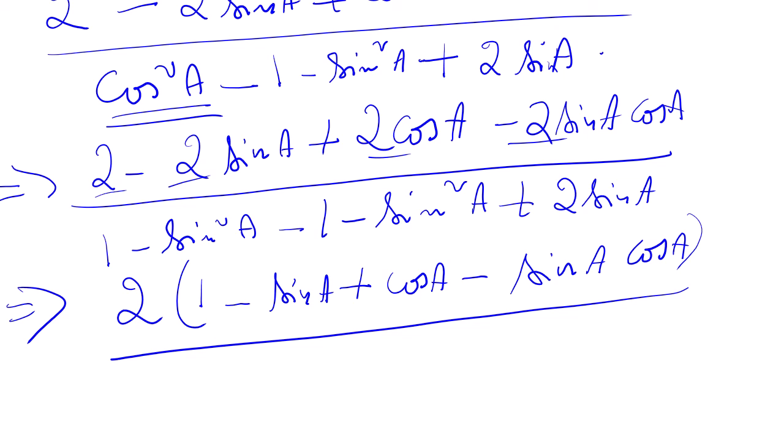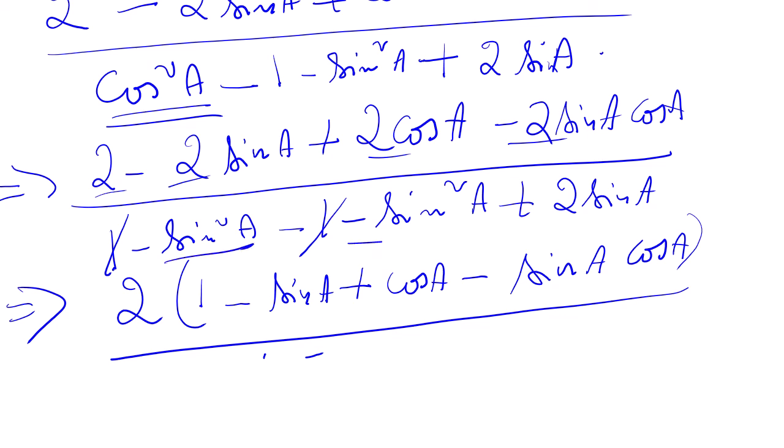1 minus sin square A. Now this will become, see, 1 and 1 plus 1 minus 1 will get cancelled.